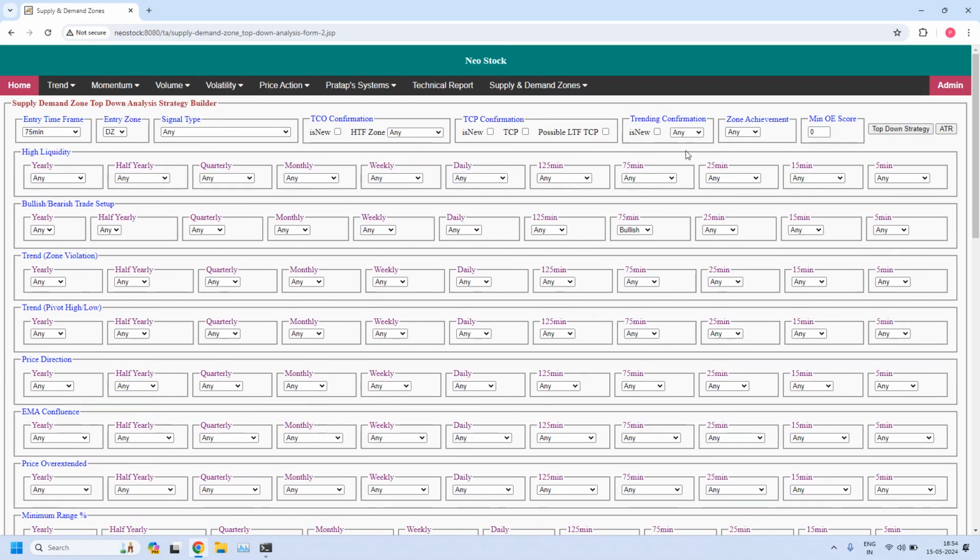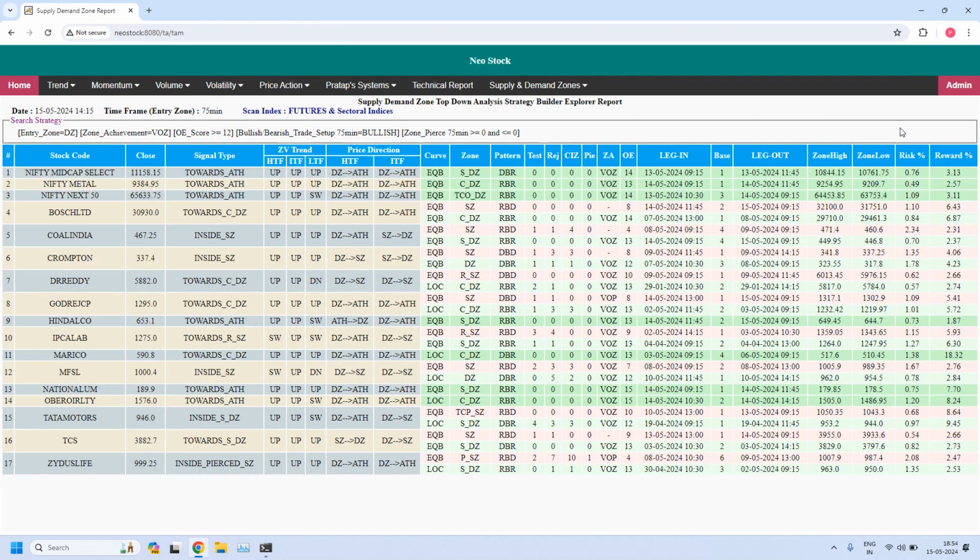That indicates zone is not pierced. And zone achievement should be violated opposing zone, and minimum odd enhancer score should be 12. So with these parameters, now we are generating the report. Now 17 stocks are filtered. All these 17 stocks are supporting bullish trade setup for weekly income trade.